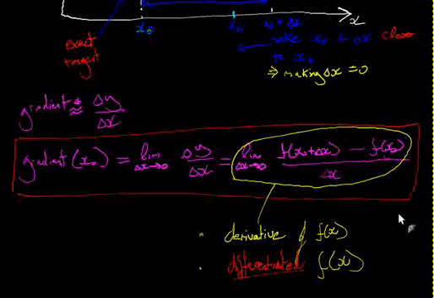Now, we did say that if we make delta x equal to 0, then it will be exactly the same. So the gradient at our point x0 is exactly equal to the limit as delta x tends to 0 of delta y divided by delta x. And that's an equality, that is exactly equal. And we said at the top that delta y is equal to f of x0 plus delta x minus f of x0.